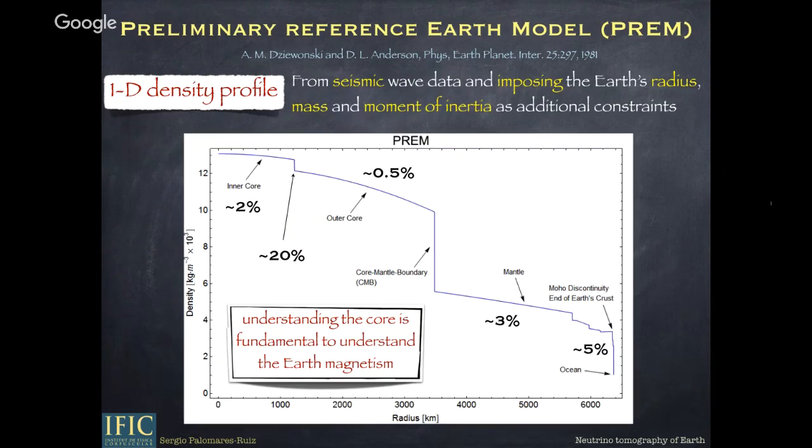And as I said, from seismic wave data, and imposing, and this is important, the Earth's radius, the mass, and the moment of inertia, as I just mentioned, measured by gravitational data as additional constraints, the geophysicists can obtain these density profiles. And the one I'm showing here is this famous Preliminary Reference Earth Model that, if you work on neutrino physics, probably you have used sometime in some of your papers.